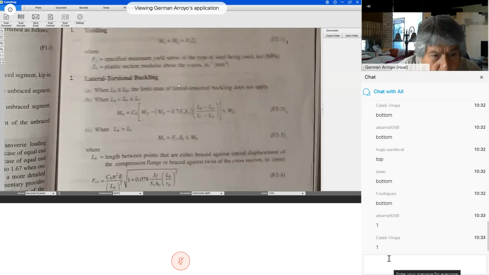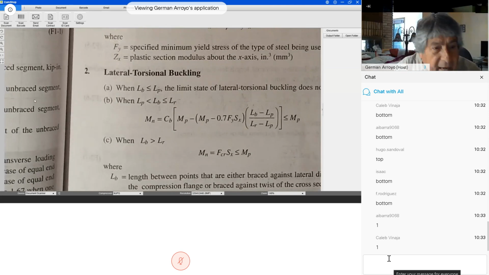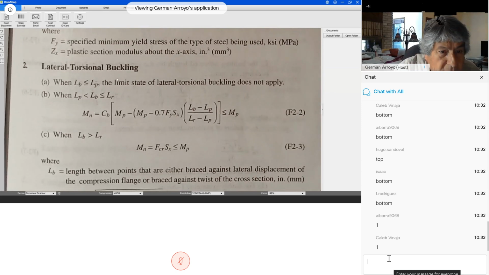Remember when I showed you this, when lambda sub b is smaller than lambda sub p, let me go to the top.